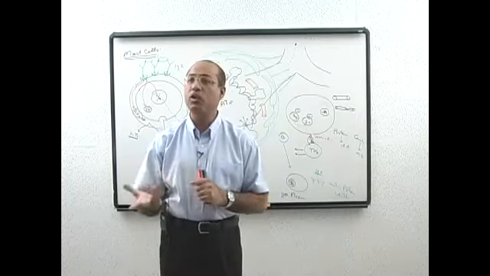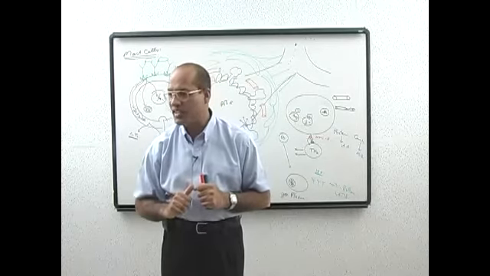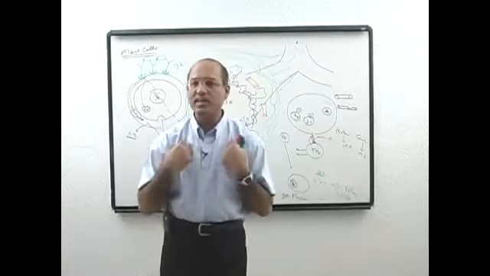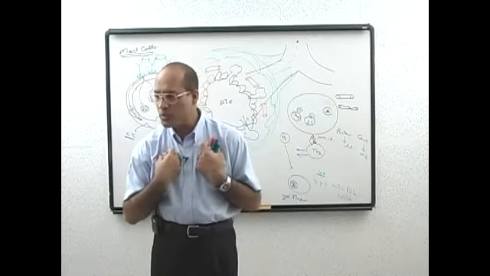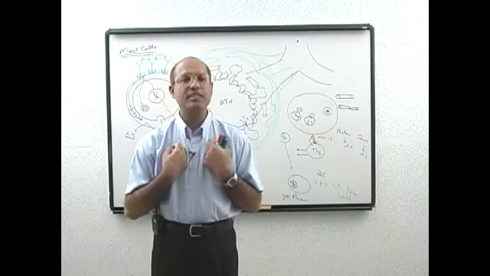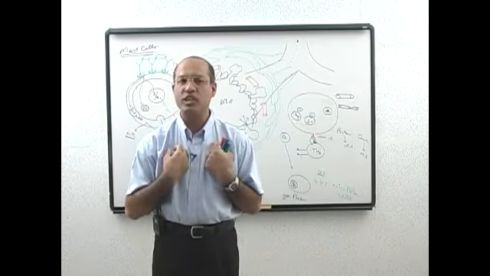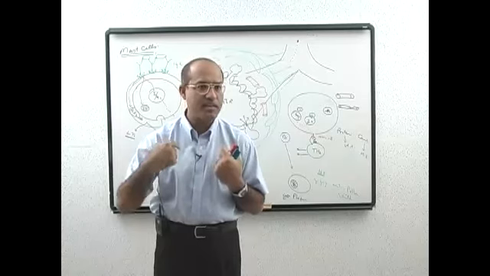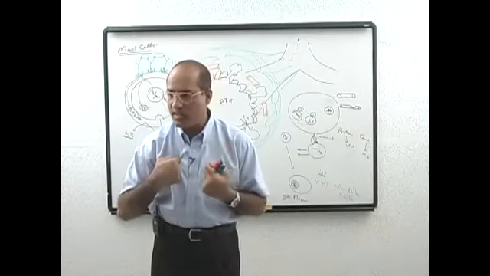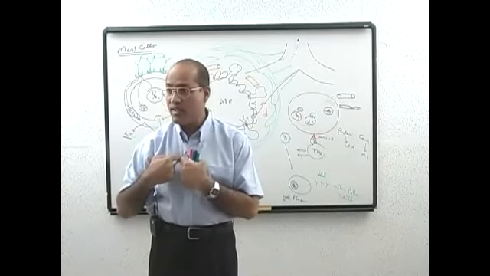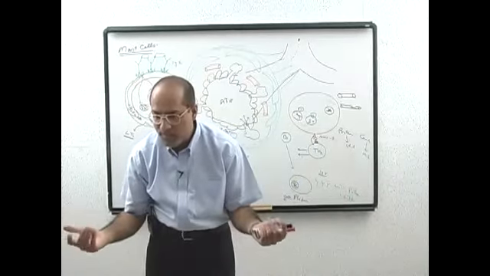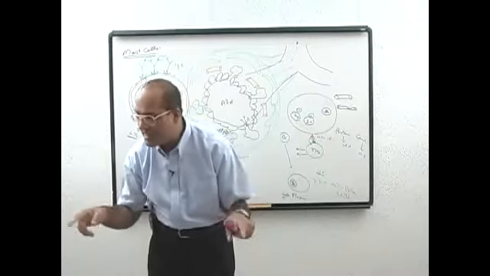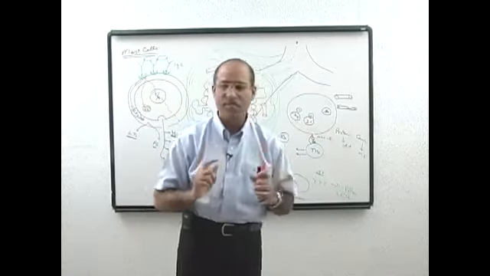Now let me tell you a more dangerous example of what happens to mast cells. Imagine I'm allergic to penicillin, and against the penicillin I have made IgE. If I have made IgE antibody against penicillin, then all the mast cells in my body are loaded with anti-penicillin IgE. Again, listen.